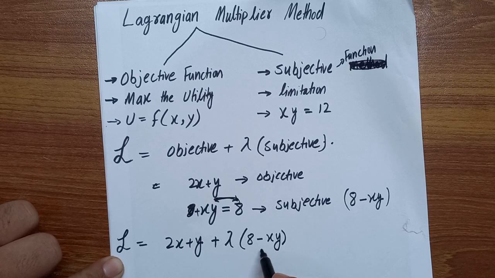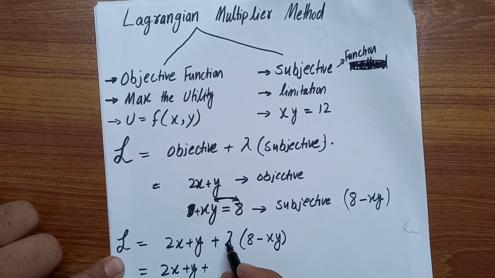Now we open the bracket: it will be equal to 2x plus y plus 8 lambda, and multiplying lambda with xy, it will be minus lambda xy.